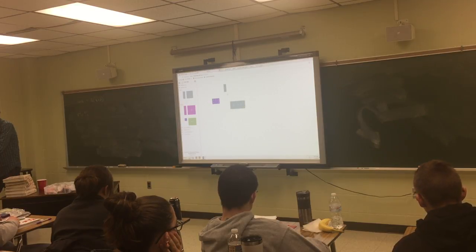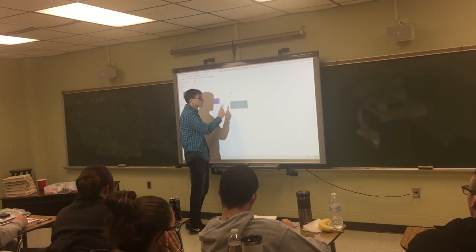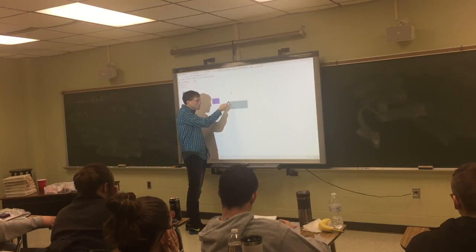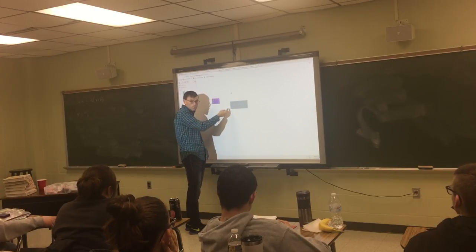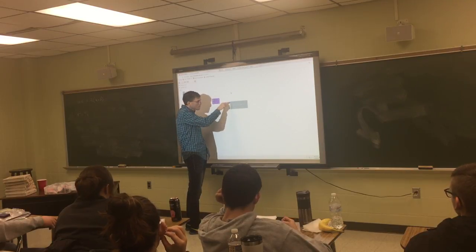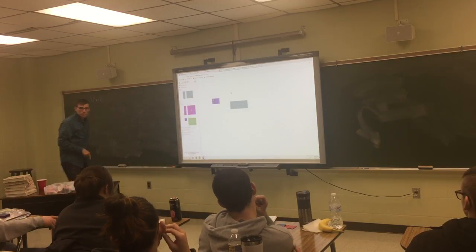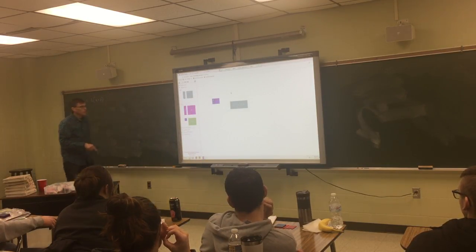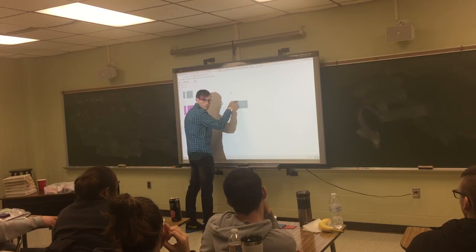Now, if you can't make a rectangle out of it, it's already prime. It can't be factored. Hopefully that was pretty easy. But again, I chose this because that is x squared, but the dimension here is just x. The thing is x squared, the object, but this length is x. And this length here is x plus 4.